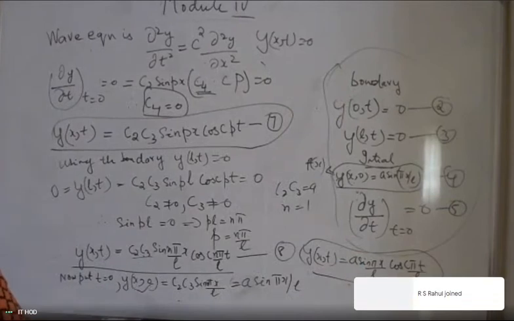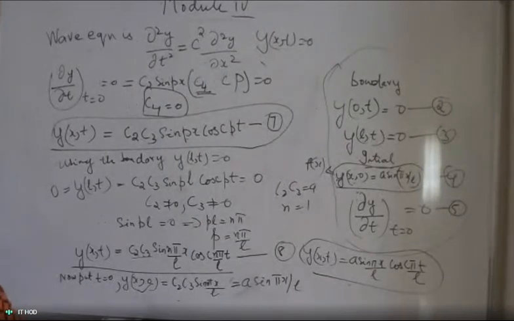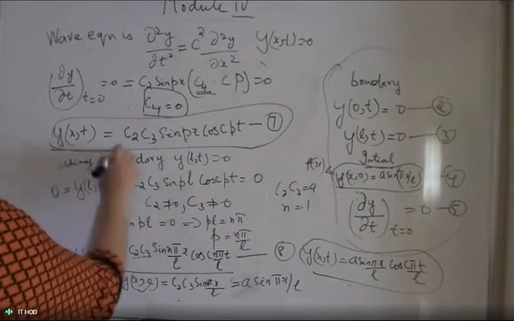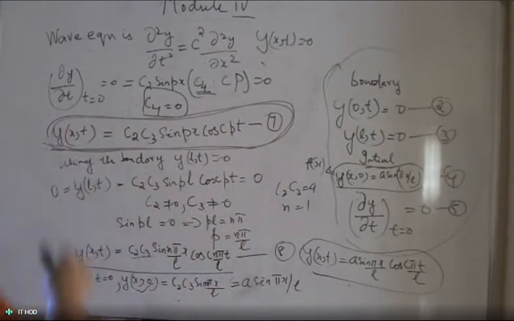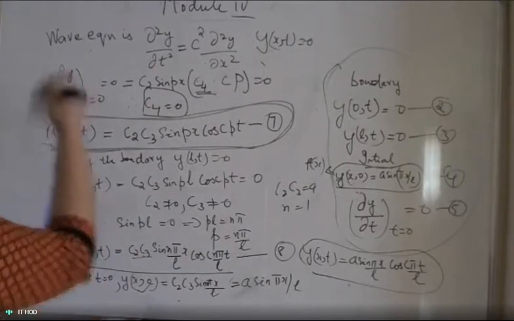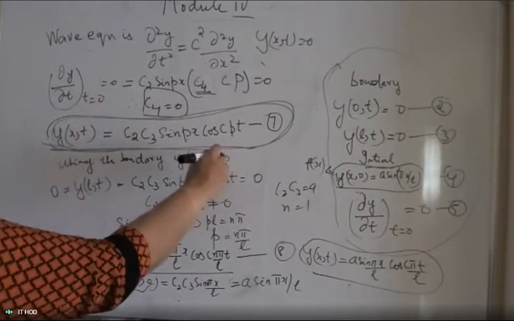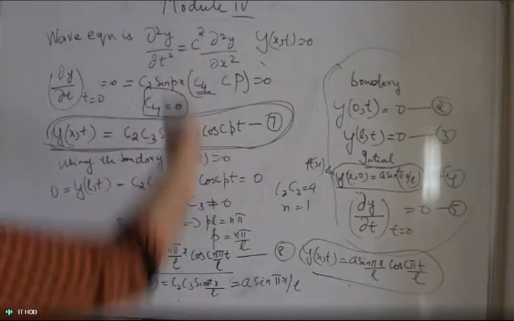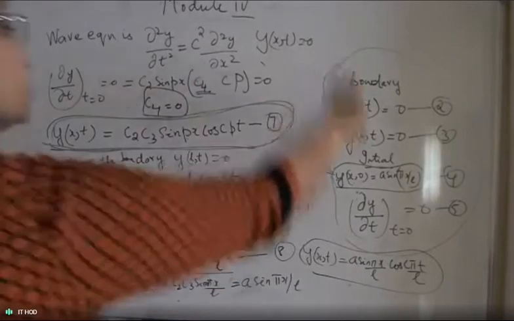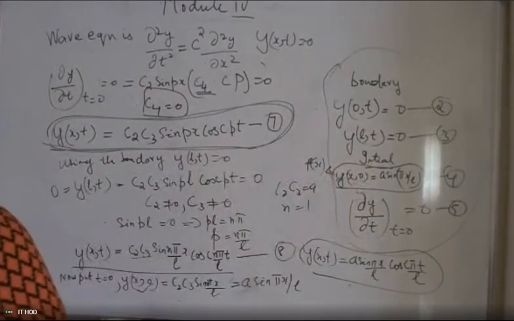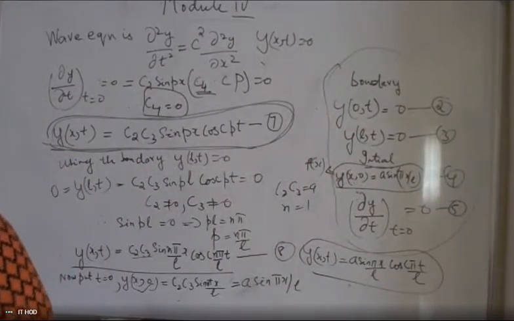Once you get the value of a constant, you rewrite y(x,t), and you follow that procedure till you have used all the conditions, and that will give you the final answer.